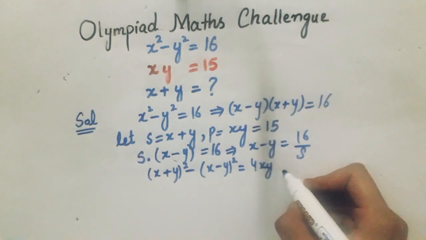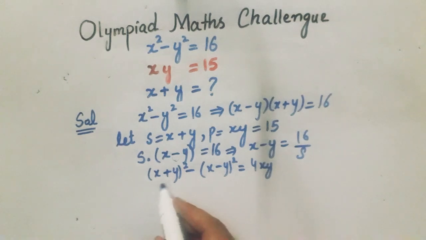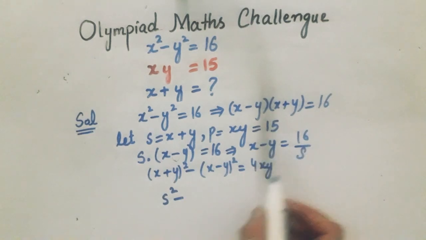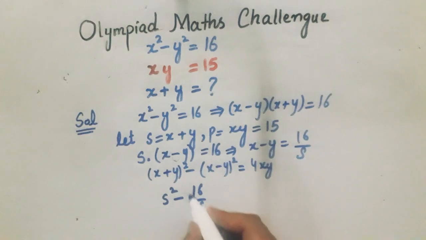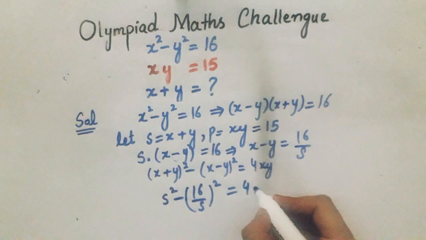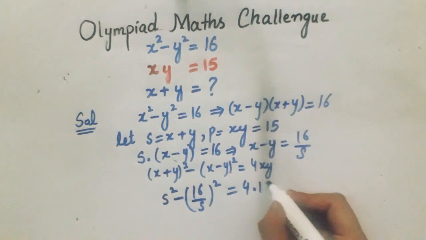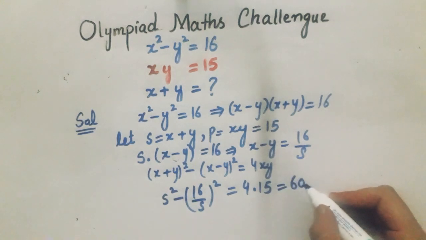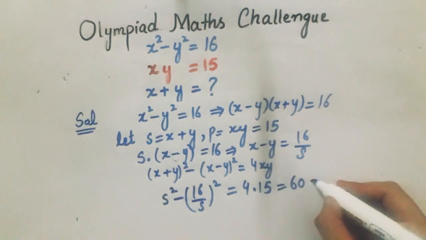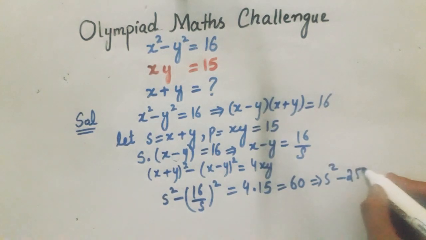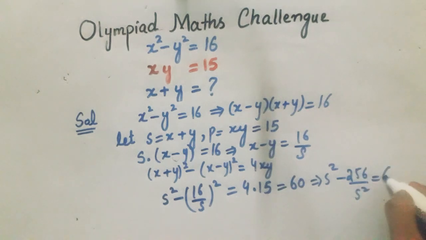So we will put the value of this. x plus y is equal to the s, so this is s square minus x minus y, that is 16 by s, whole square is equal to the 4 into xy, that is 15. 4 multiply 15, so this is equal to 60. So we get s square minus 16 square, means 256 by s square, is equal to 60.